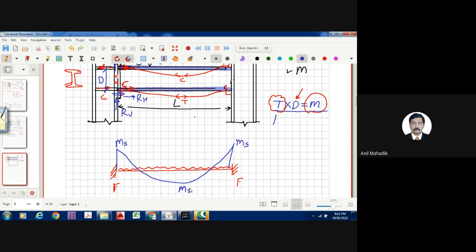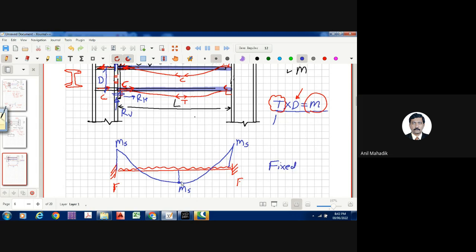So यहाँ भी moment है मेरा, because ये C और T यहाँ भी possible है ना, but यहाँ C है और यहाँ T है, इसके लिए moment diagram मैंने I have drawn it at the bottom because tension is at the bottom. Here the tension is at the top, so I am drawing the bending moment at the top. Okay, so this we call it as a fixed beam.